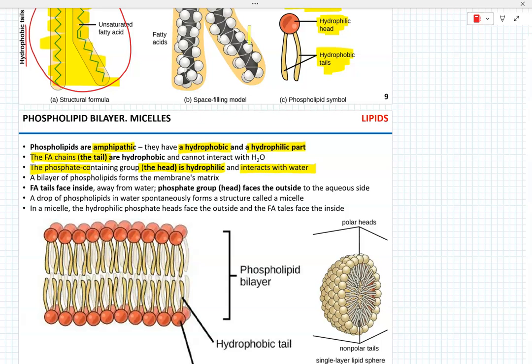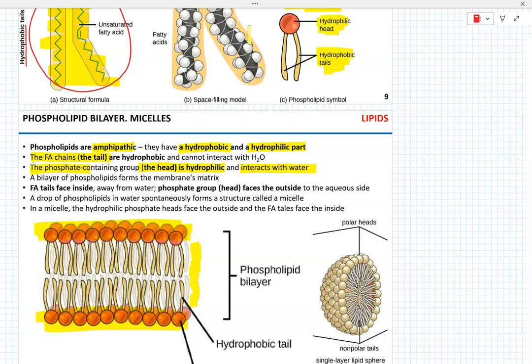A bilayer of phospholipids has hydrophilic surfaces facing the extracellular environment and intracellular milieu. Hydrophobic tails form a very selectively permeable barrier in the middle.